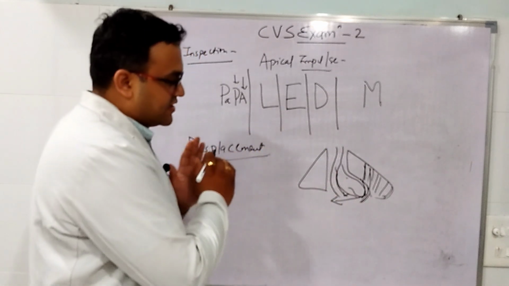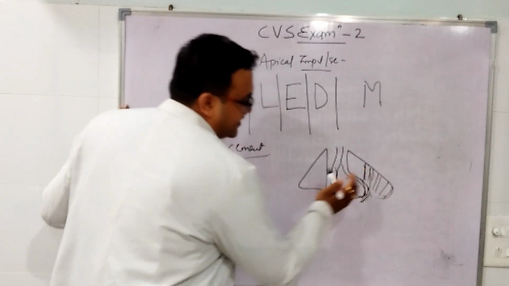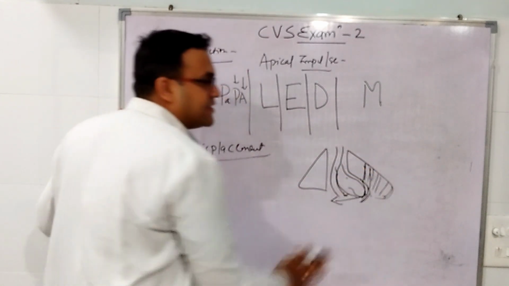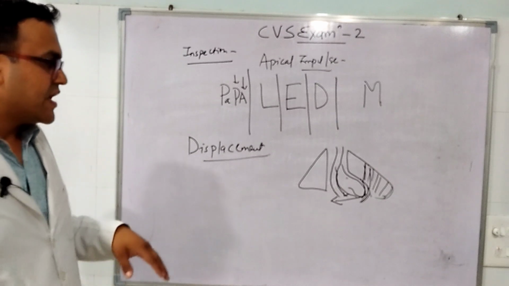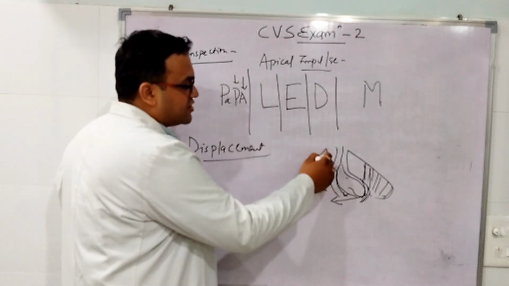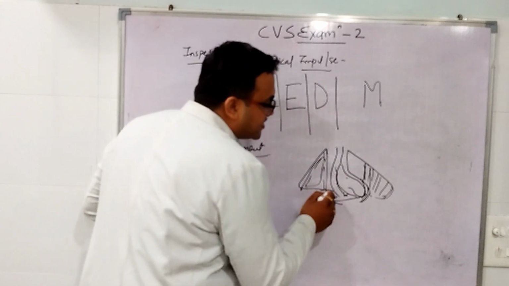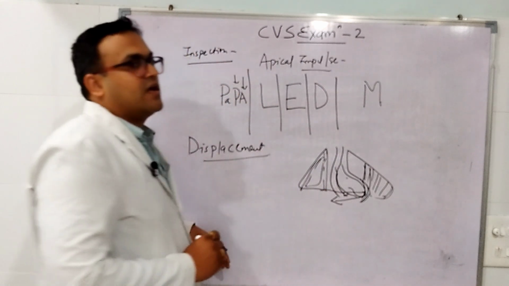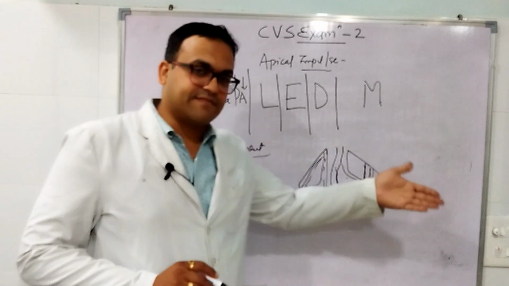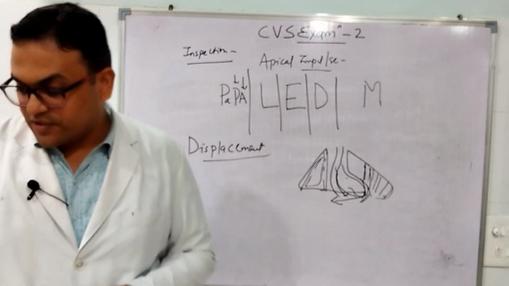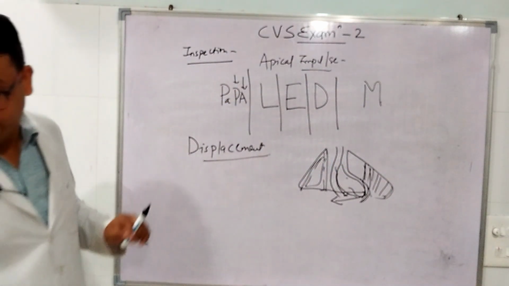If the scoliosis is towards the left, then it can push the apical impulse towards the left. A very large pleural effusion on the right side can exert pressure and displace the apical impulse toward the left side. So that is sideways displacement.